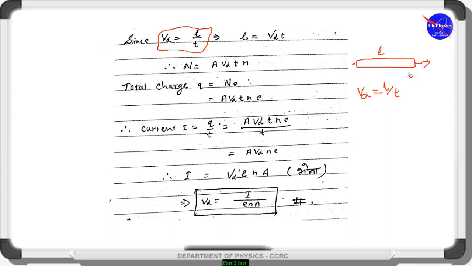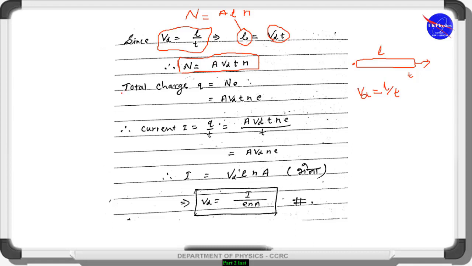So from this expression we can calculate L, and we can put the value of L in the expression N equals A into L into small n. So the value of L is Vd t. d is the suffix, don't be confused. So finally we got N equals this expression, right?